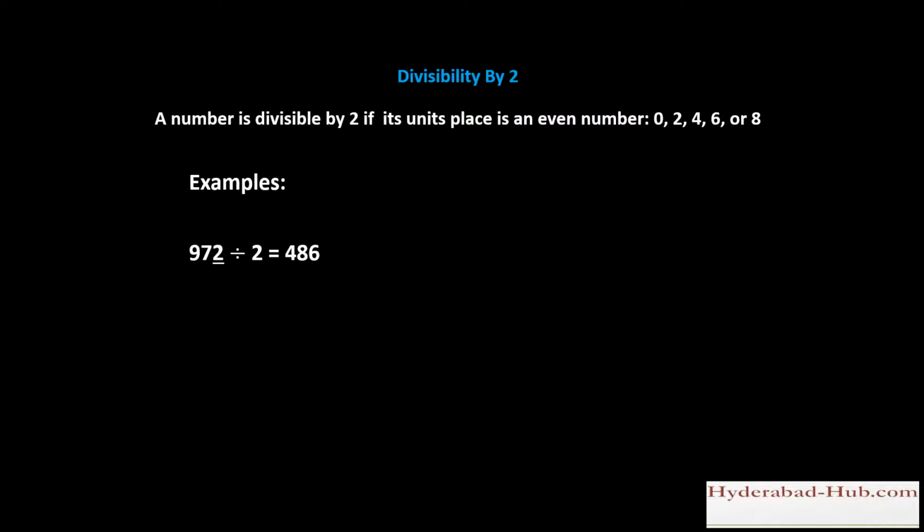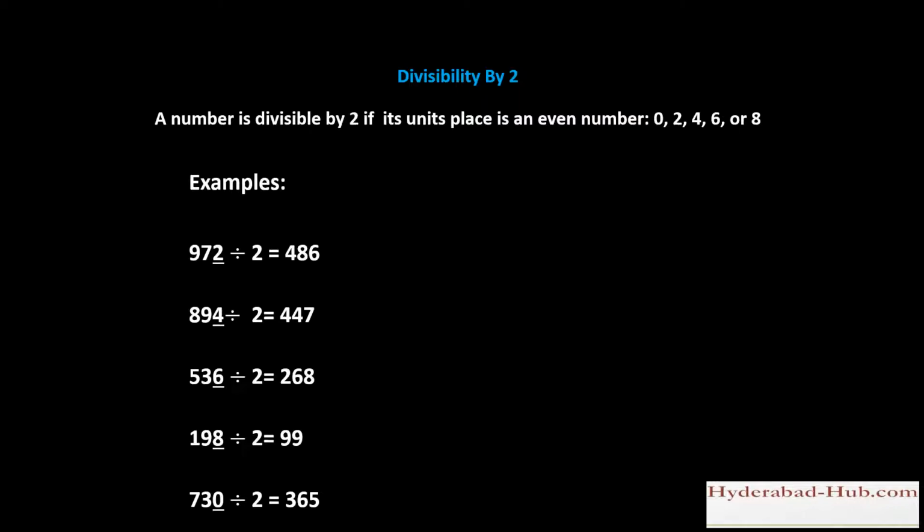Similarly, 894 is divisible by 2 because this number also has an even number, that is 4, on its units place. 536 is also divisible by 2. 198 is divisible by 2. 730 is also divisible by 2. Note, 0 is also an even number.